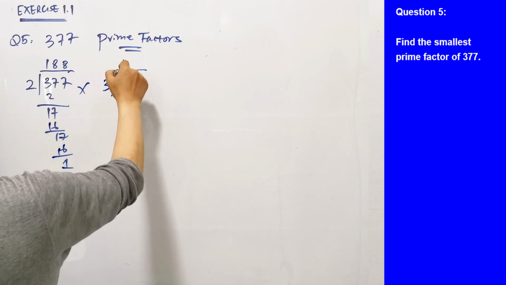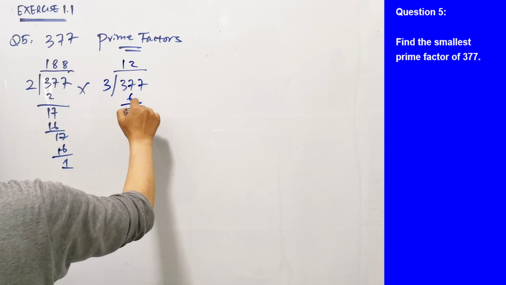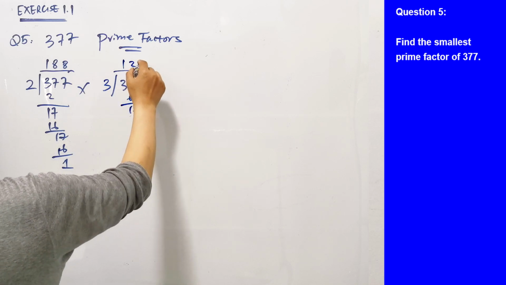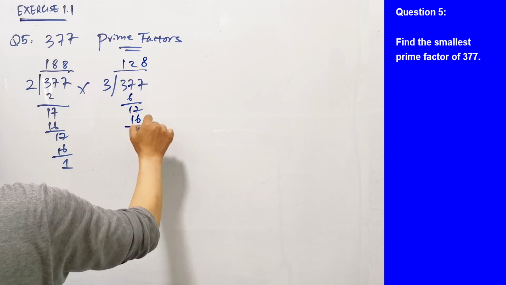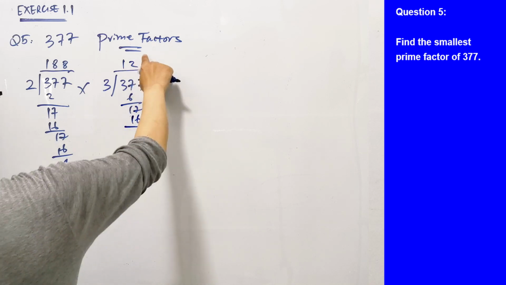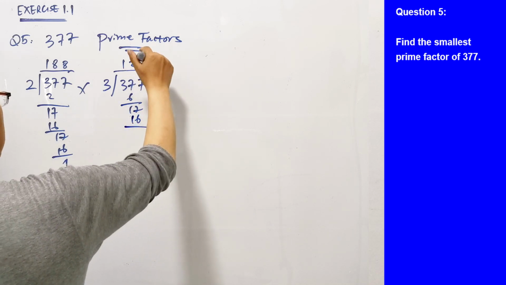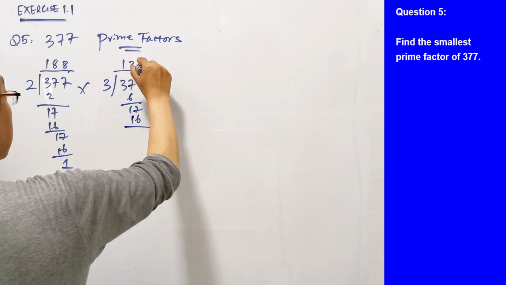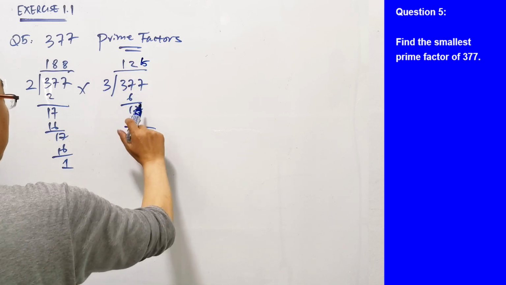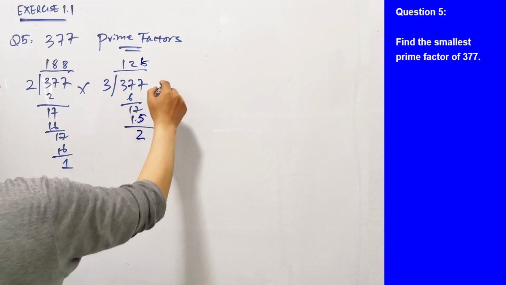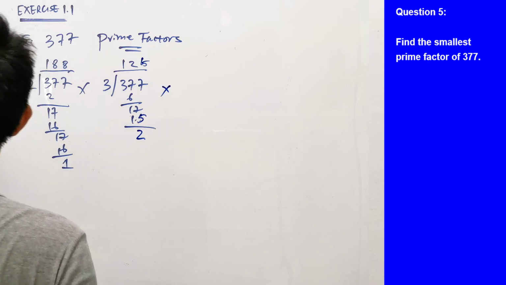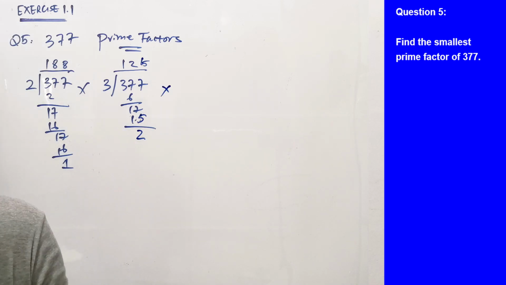Can we divide by 3? Here is 6. No, we can't say it's 5. No. So in this case, to find the smallest prime factor of 377, let's continue.